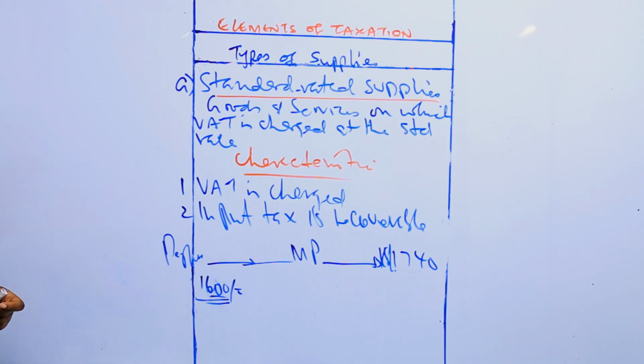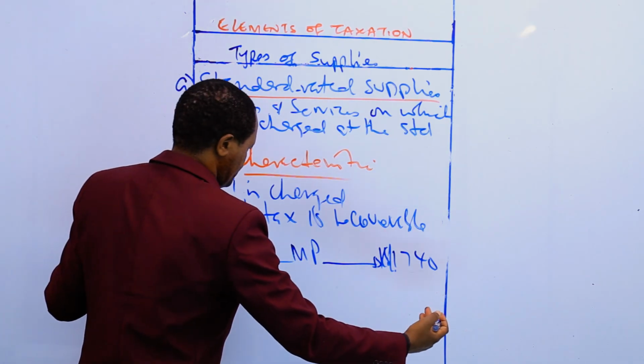So a VAT registered person making standard rated supplies can claim a deduction for the input tax that they incurred on purchases and expenses used to make these supplies. And that is the core mechanism of VAT, where the tax burden is passed on to the final consumer.